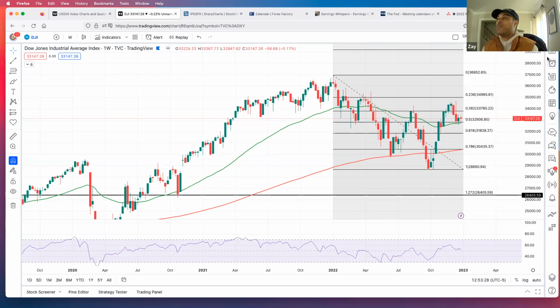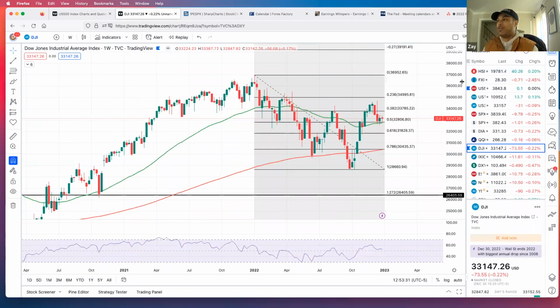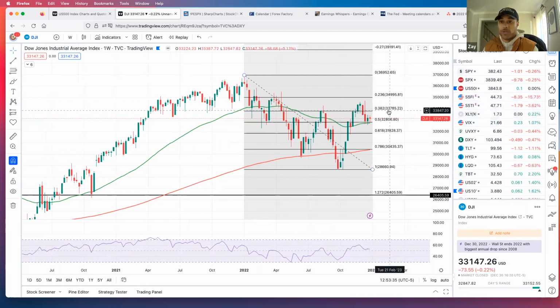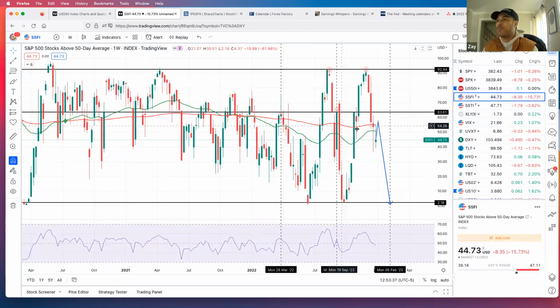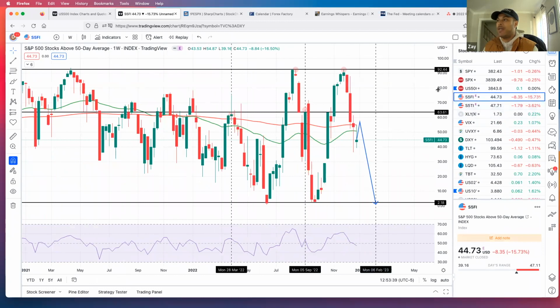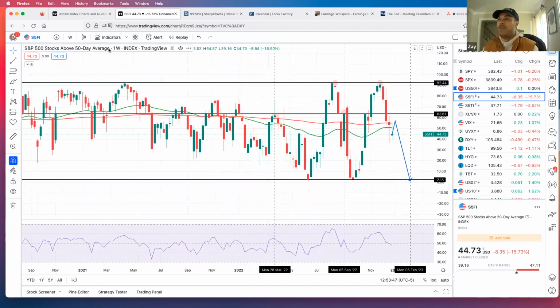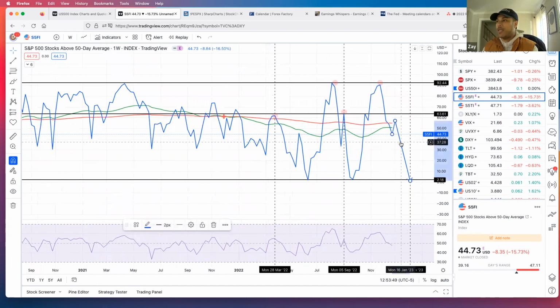So the main indicators that I'm going to be using in 2023, we're going to start off with our very first one, which is this right here. We've talked about this in previous videos, the S5FI, the S&P 500 stocks over the 50-day moving average. I'm going to change this to a line, and remove that.